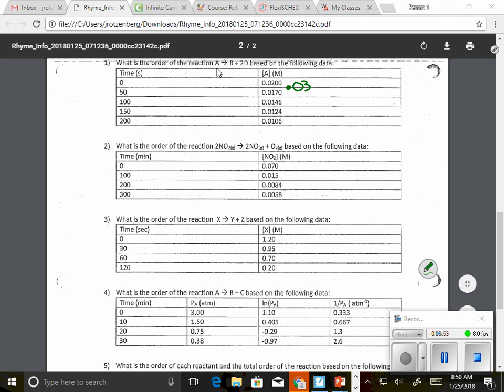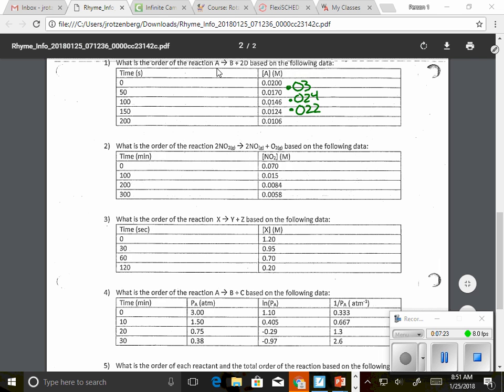If I look then at the next time increment, 50 seconds to 100 seconds, that gives me a change of 0.024. If I look at the next time increment, 100 to 150, that gives me a change of 0.022. I'm going to stop there.